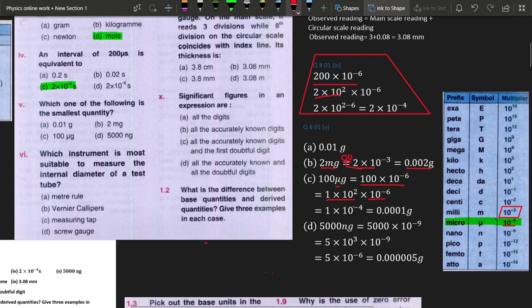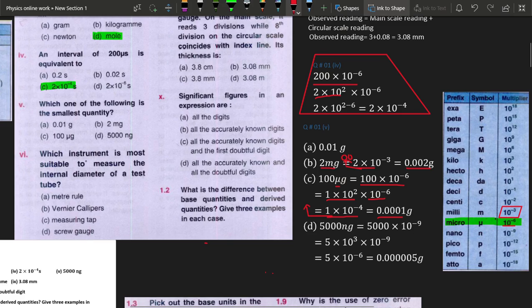Now when we solve, it will be 1 into 10 raised to power minus 4. Now convert this scientific notation back into a simple number, it will be 0.0001 grams, because we move 4 places from right to left side.